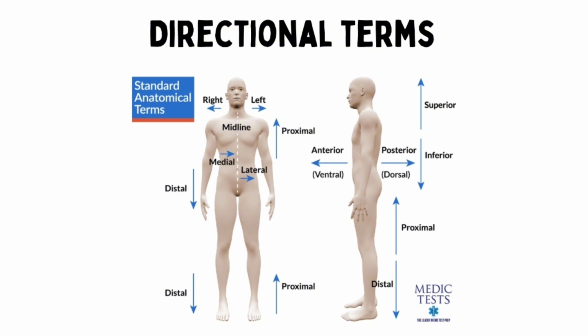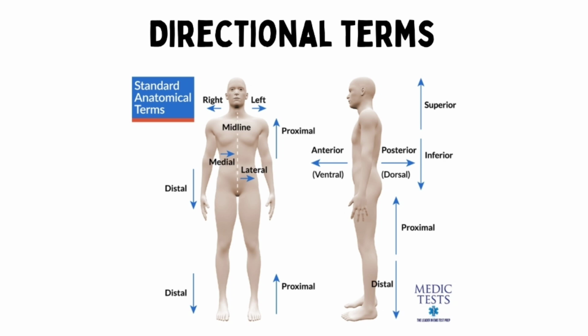The human body is very complex. It has many parts, so to help find an exact location, we use directional terms. If we imagine that the body is a map, the directional terms will be the instructions to find a place.